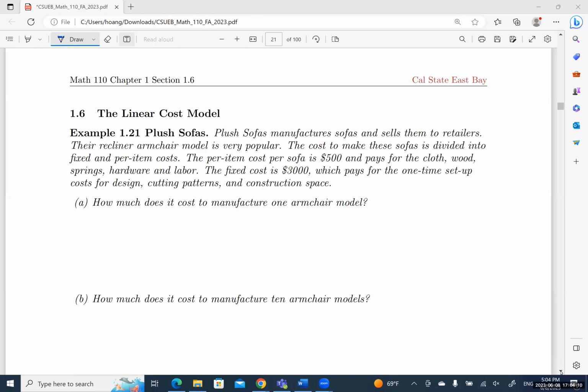Hello everyone, so today I'm gonna talk about 1.6, the linear cost model.